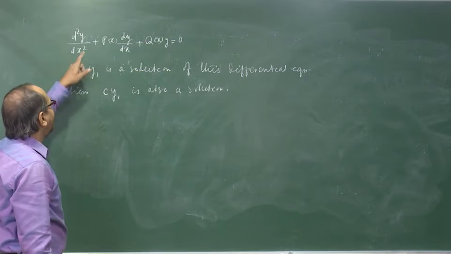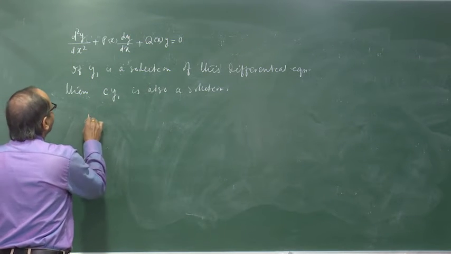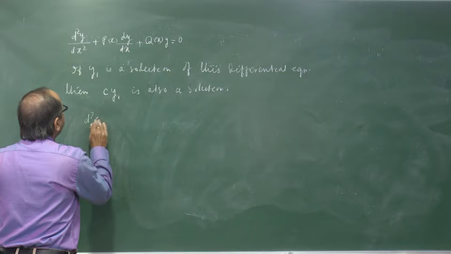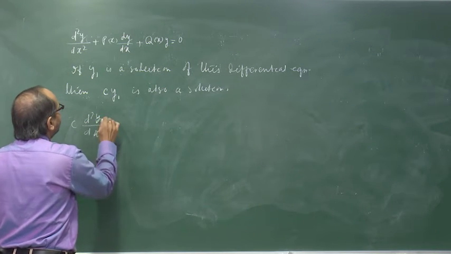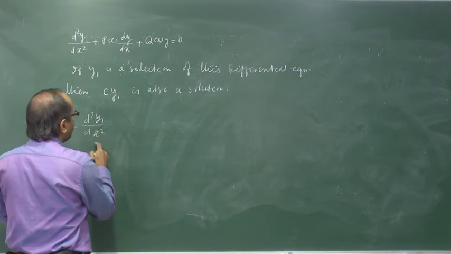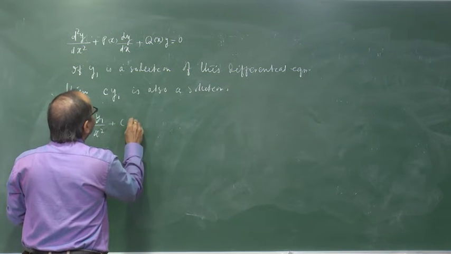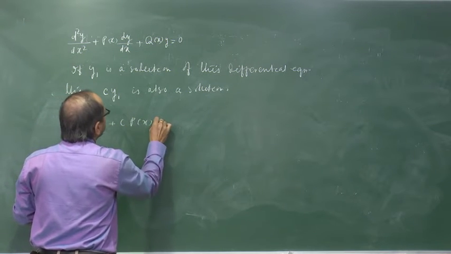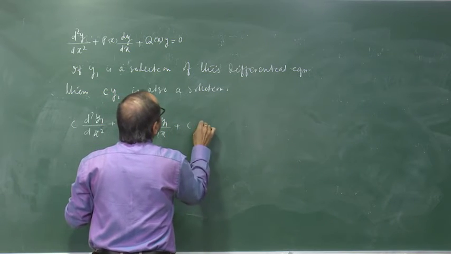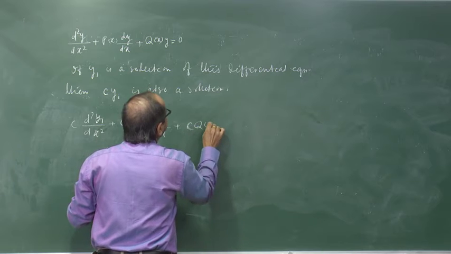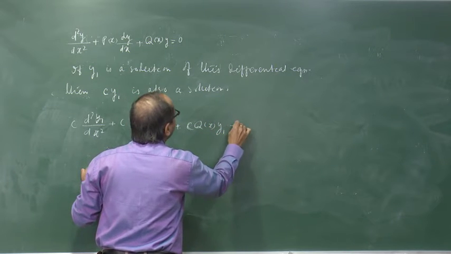If we put Cy1 here, then C is always a constant and can be taken outside the derivative. So, C into d square y1 by dx square plus C into p of x into dy1 by dx plus C into q of x into y1 is equal to 0.